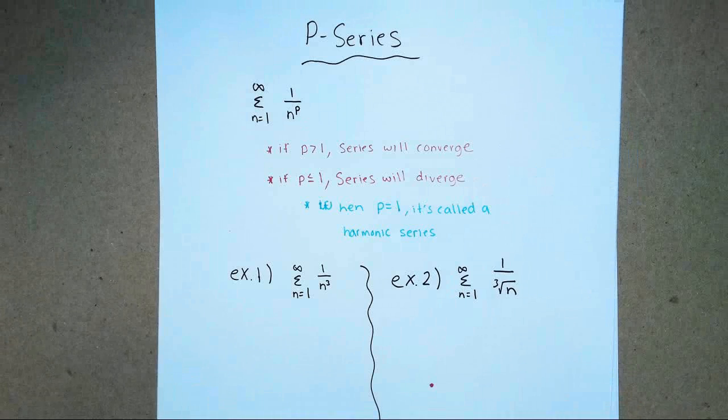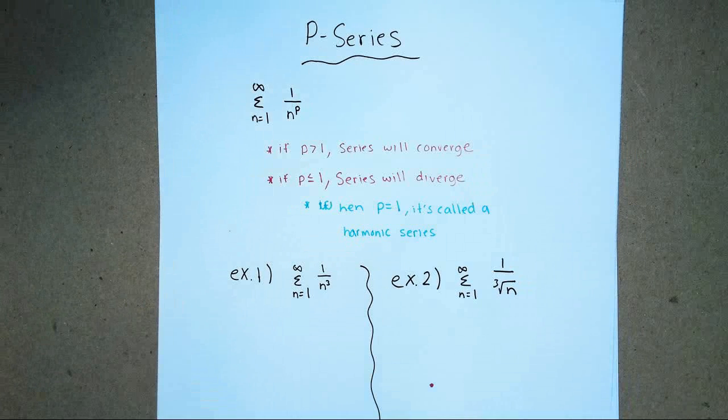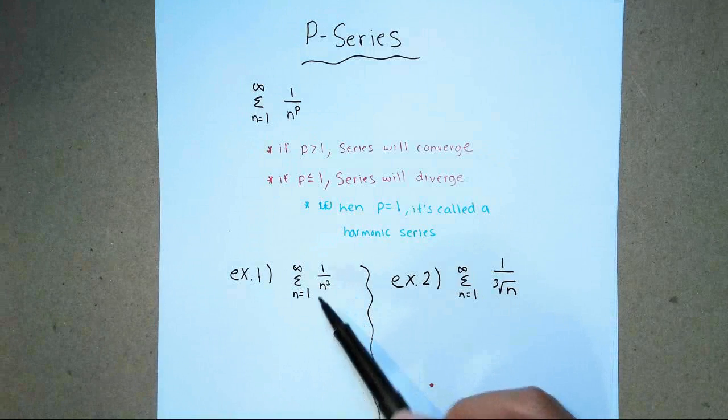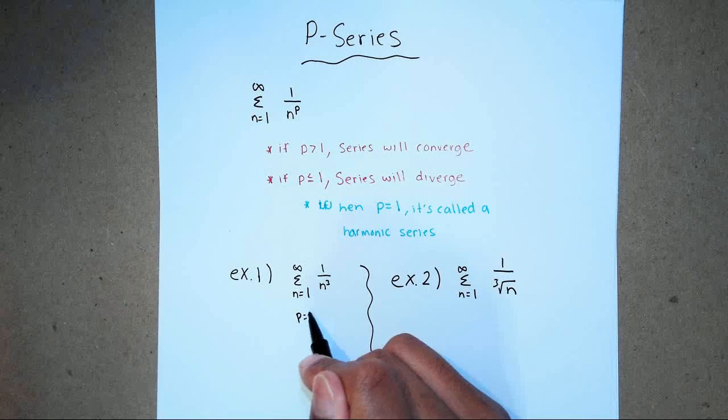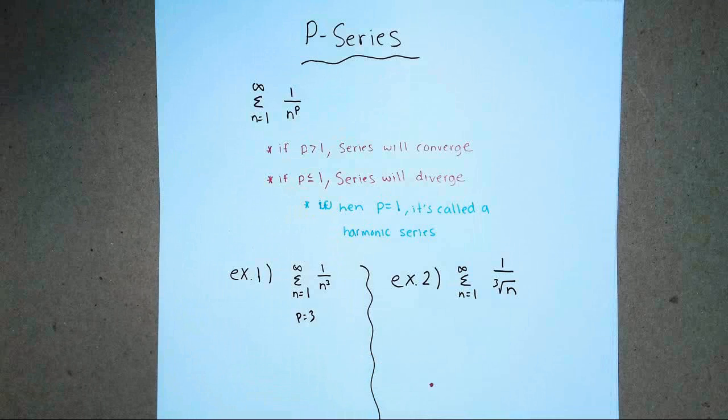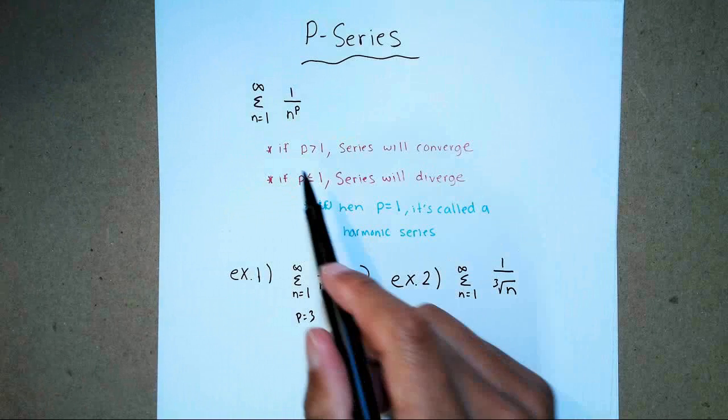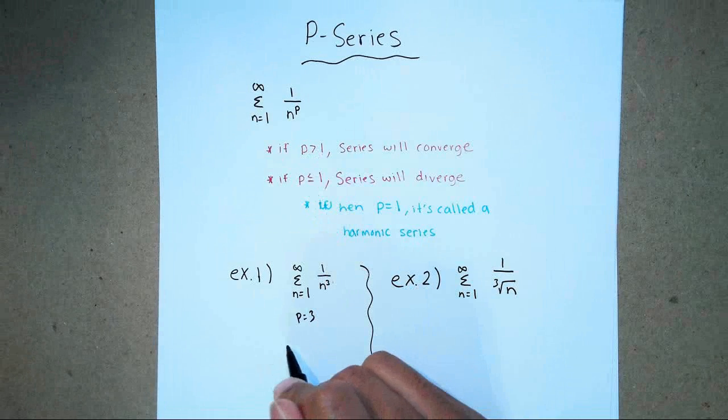So what we're going to figure out is, okay, is this going to converge or diverge? I have no idea. Well, one thing I'll notice is 1 over n to a power. Well, what is my power? p is equal to 3. The fact that p is equal to 3 means, going back to my rule, that's greater than 1, so this will converge.